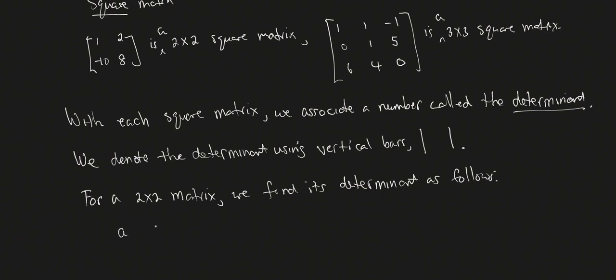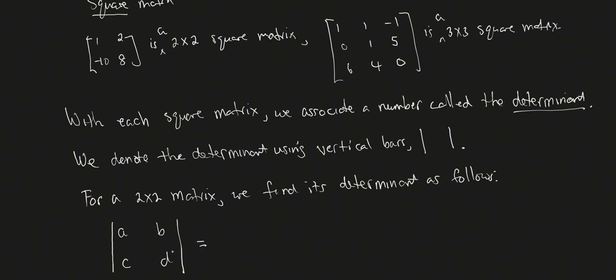So it would be like this: A, B, C, D. But instead of using brackets, which in this context represent a matrix, I want to represent a determinant, so I'm going to write these bars that look like this. When I see a square array of entries like this with the vertical bars around it, I interpret this as the determinant of the matrix that's inside.